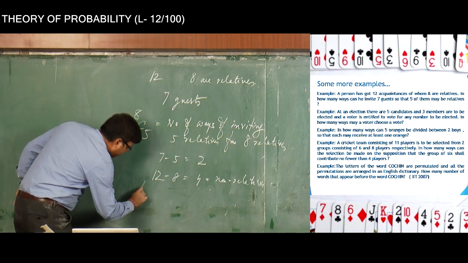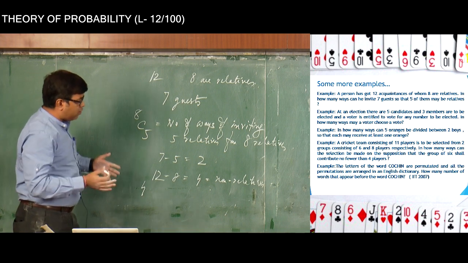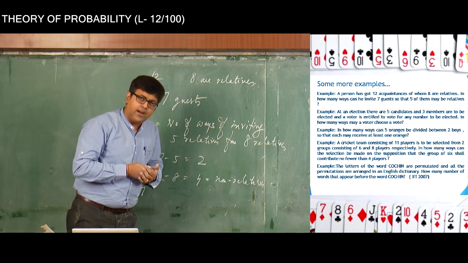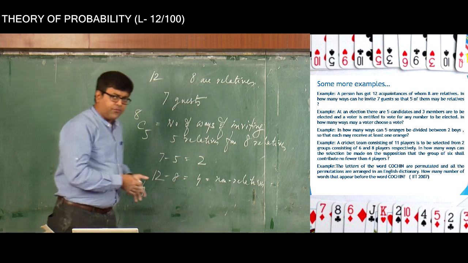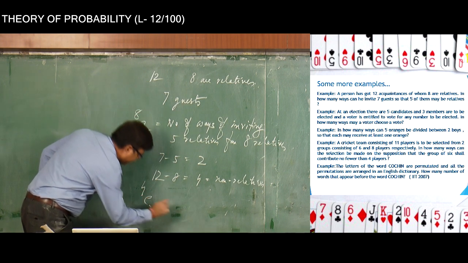In how many ways can that be done? That can be done again by the combination principle, because you have 4 non-relatives and you have to invite 2 non-relatives out of 4. That can be done in 4C2 ways.